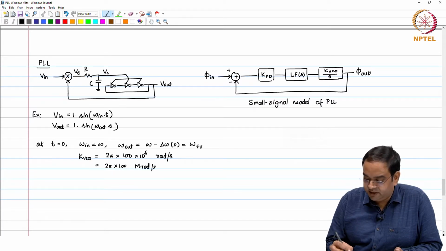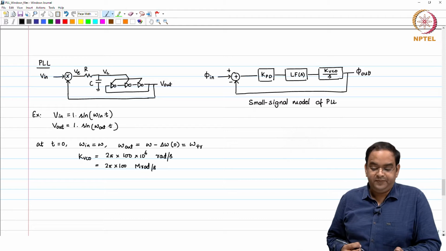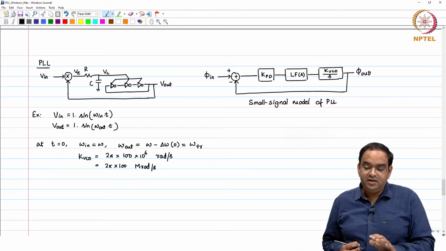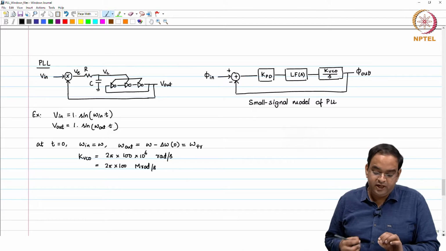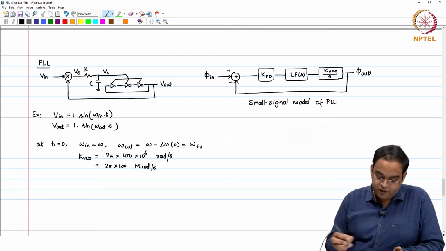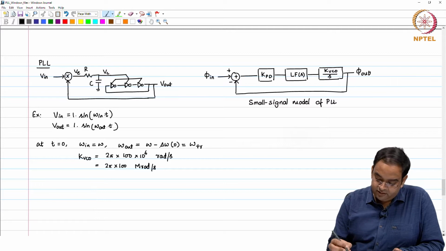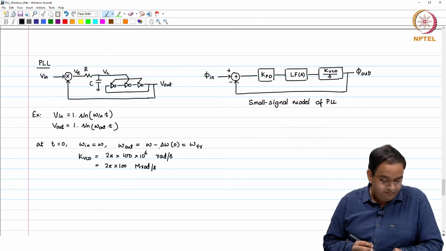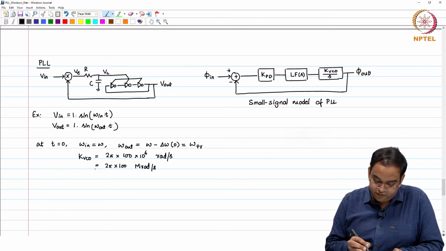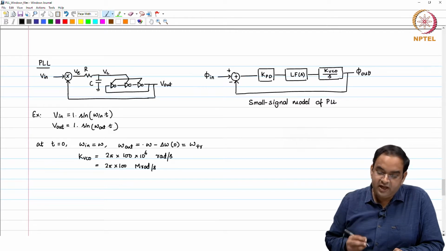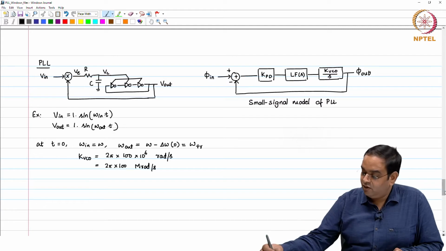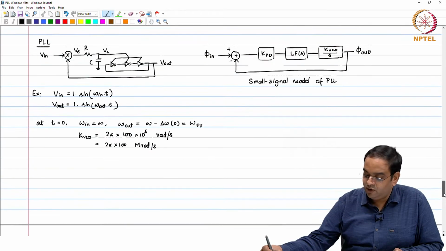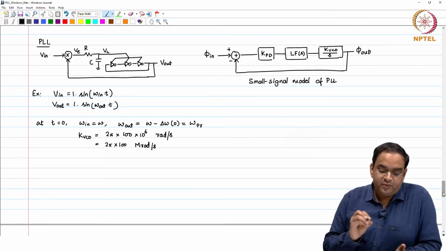These are just the ways in which we write. So, initially there is frequency error between the input and the output frequencies. If I write at any given time what the frequency error is, that will be omega in minus omega out.